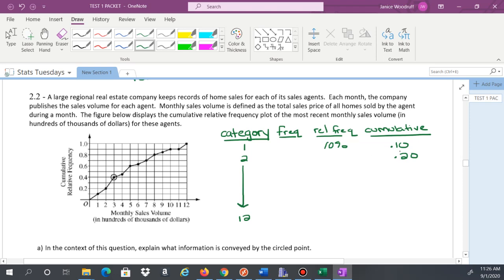So if I subtract backwards, 0.20 minus 0.10, that's another 10%. 10 plus 10 gives me 20, and I'm adding as I go. Then at 3, I go to 0.40. So 0.40 minus 0.20 gives me 0.20, which is 20%. The 20% would be in that category. That's kind of how you would break this out. So we can fill out the entire chart.